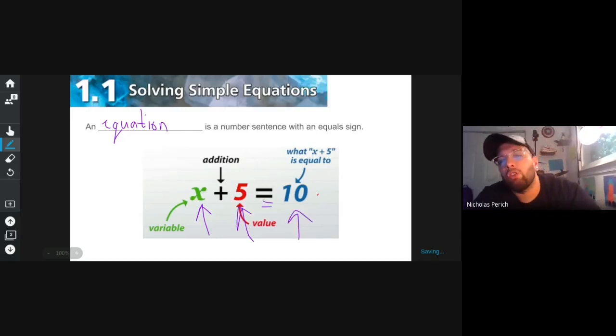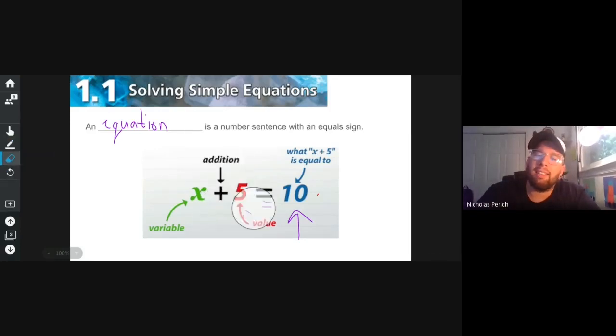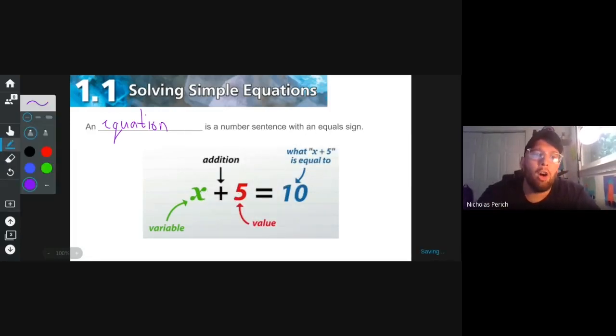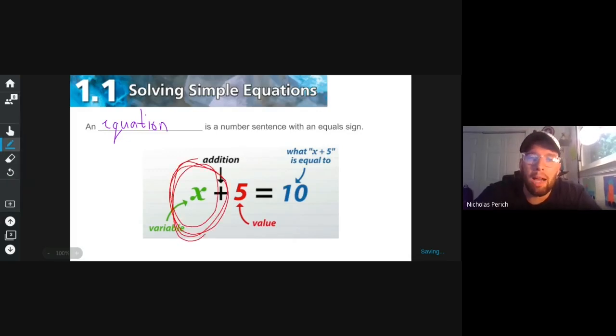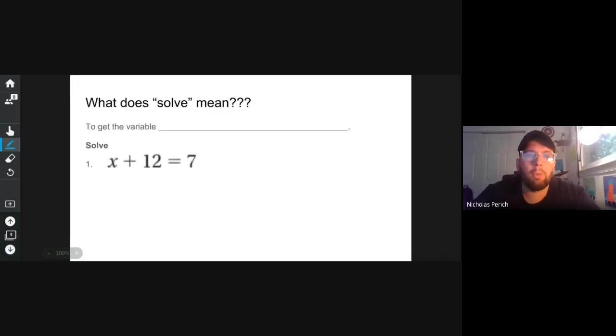That's called an equation. My job is to make sure that all of this junk is gone, and that x is all alone by itself. I have to get x all alone by itself. In other words, I have to isolate the variable.